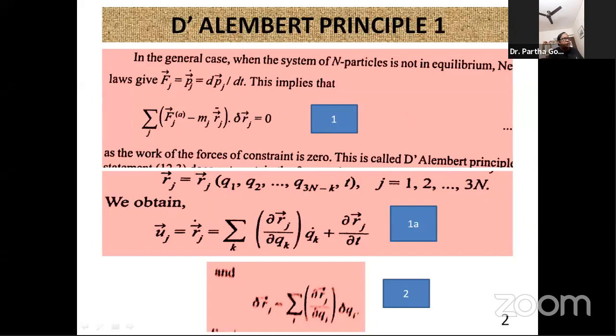Yes. Sir, there is a question. Can you explain the force of constraints with an example? Oh yes, as I said, solid-solid friction. When a body moves over a solid surface, one has studied it at school level, 9th, 10th level.